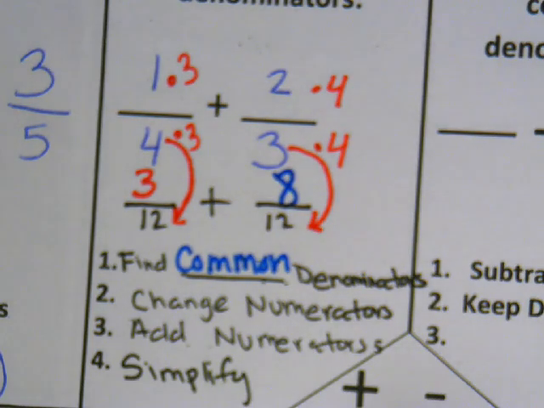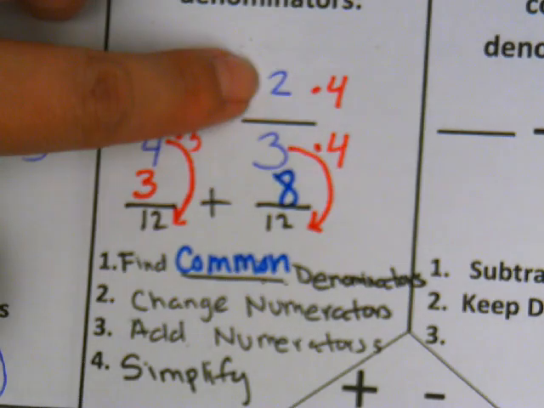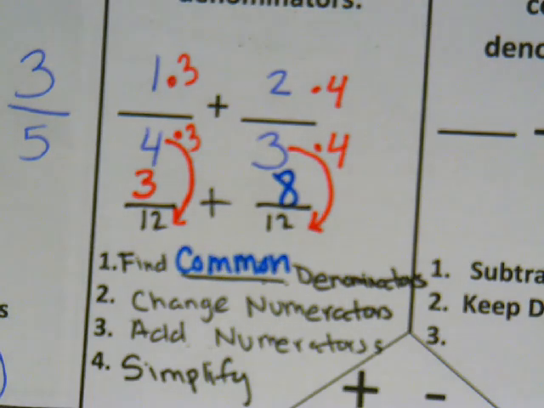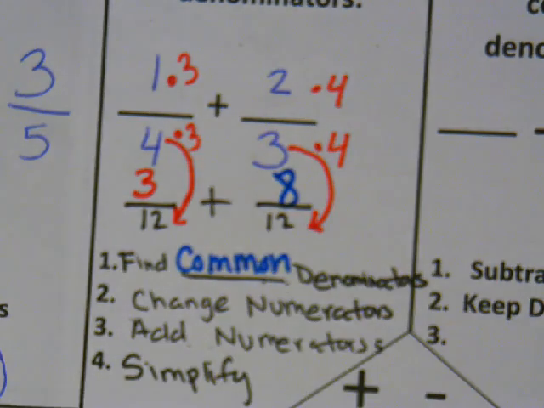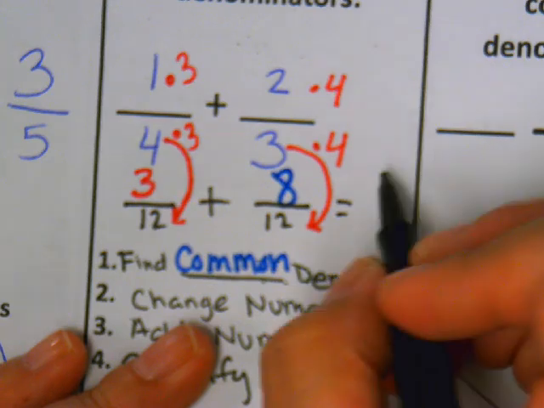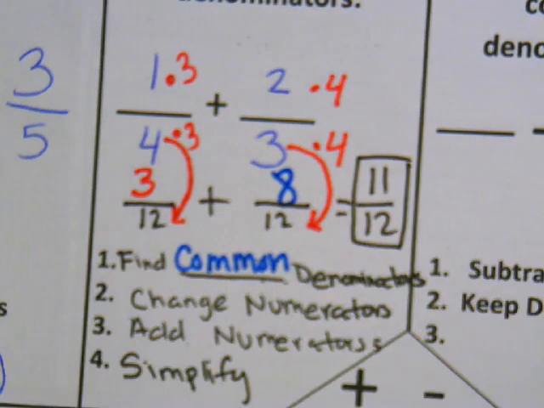Do you see how we turned the 1 into a 3 and the 2 into an 8? Now we have numbers that are all the same at the bottom, so we can add the top numbers. What is 8 plus 3? 11. And we're done. Addition has those extra little steps. We have to find a common denominator.